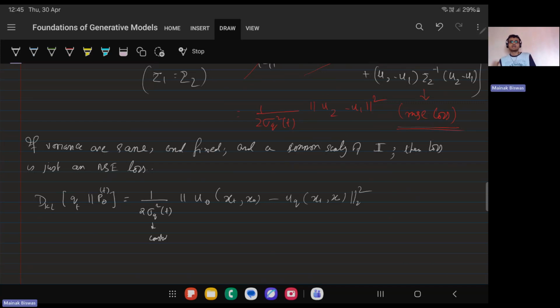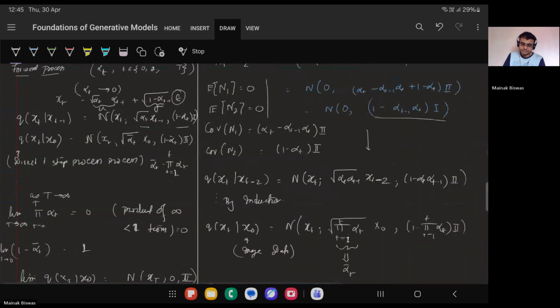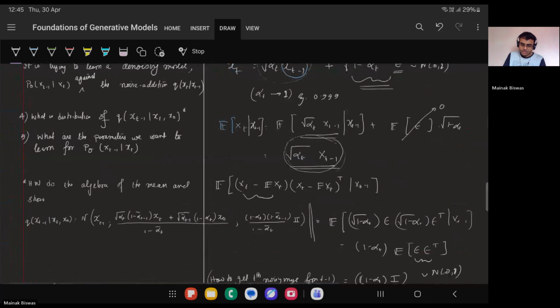This is my MSE loss. So I will learn this, and this is known. So let us look at it. How is it known? What we have derived till now is the joint distribution of the posterior of the variational distribution. We have seen what the parameters are learning. They're trying to closely track the posterior of the variational distribution.